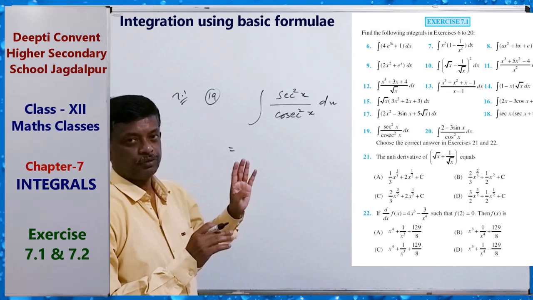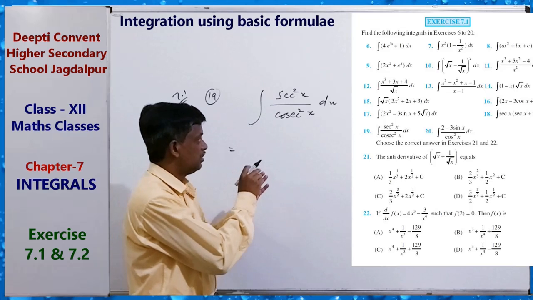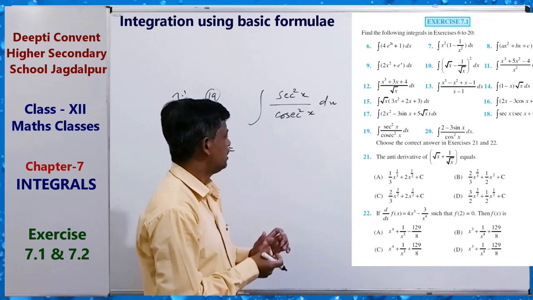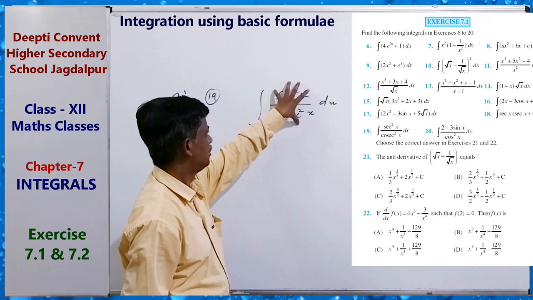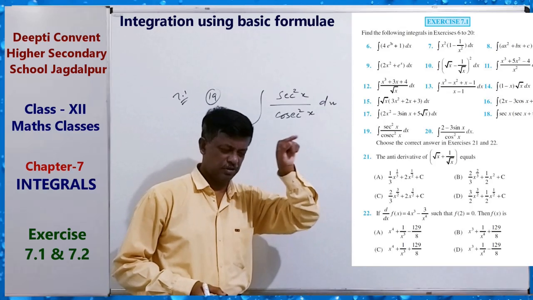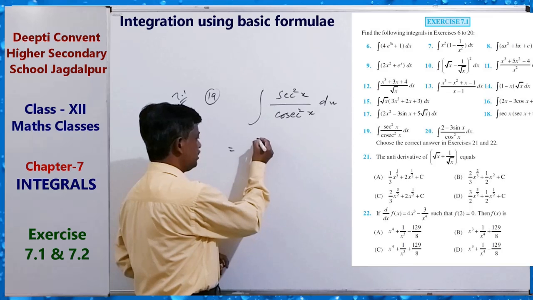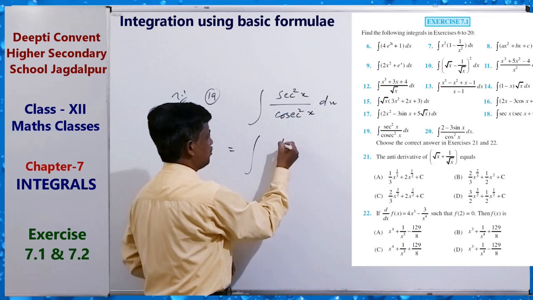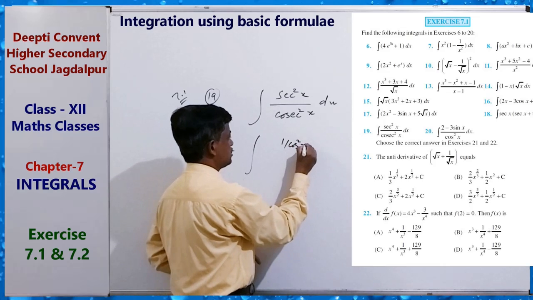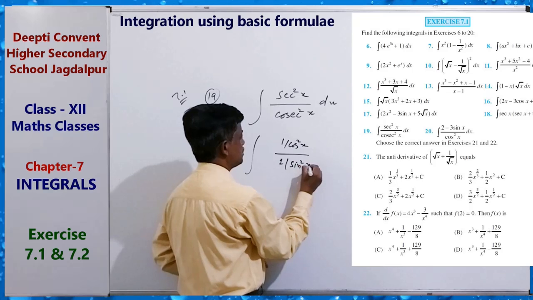Generally, I try to solve the trigonometric portion in terms of sine or cos and then tan. Sec means 1 by cos, and cosec means 1 by sine.